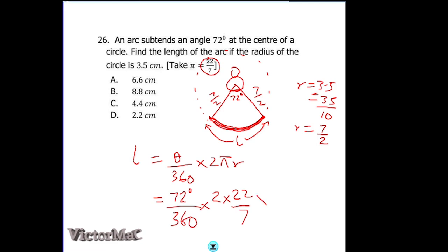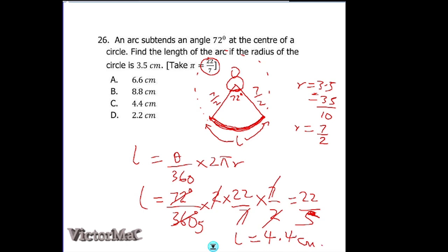Times the radius 7 over 2. So 7 cancels 7, 2 cancels 2. 72 in 360 is 5 times. So we have 22 over 5. And when we simplify that, 5 in 22 is 4, remainder 2. Putting 0 at the back of 2, that's 5 in 20, we have 4 again. So that's that. So option C.